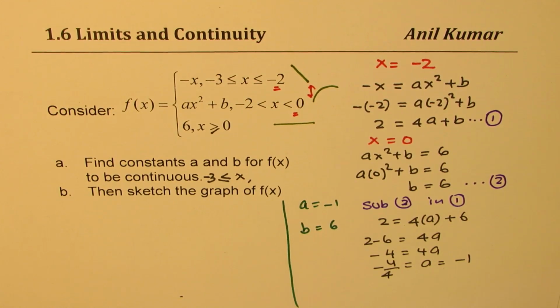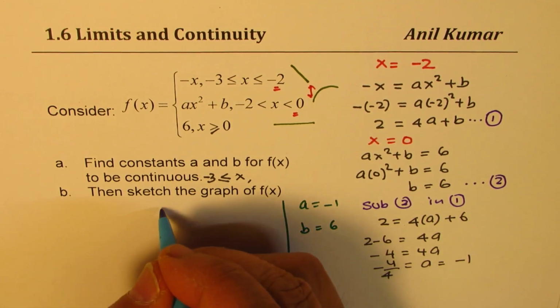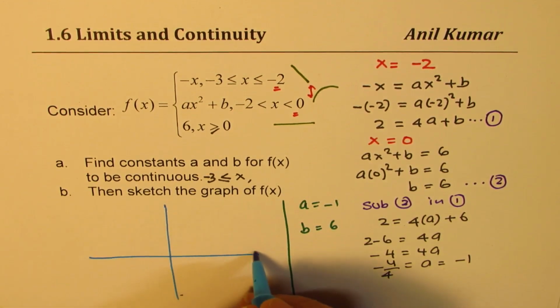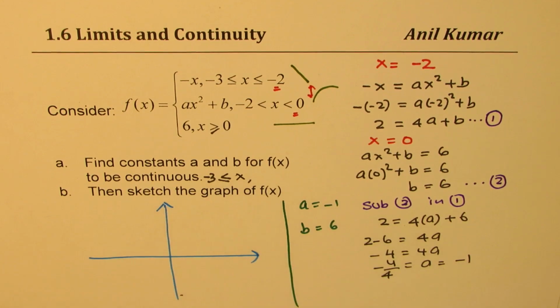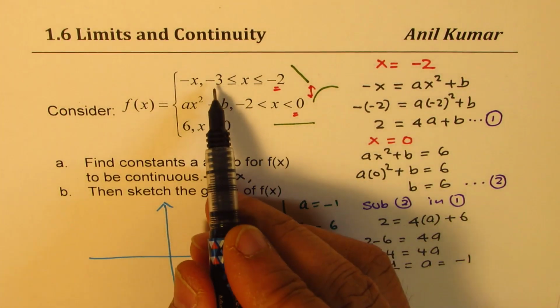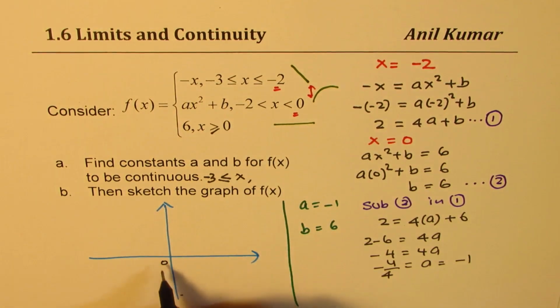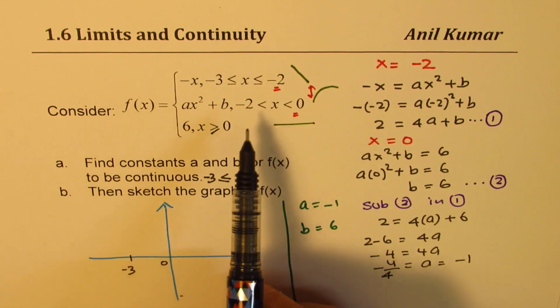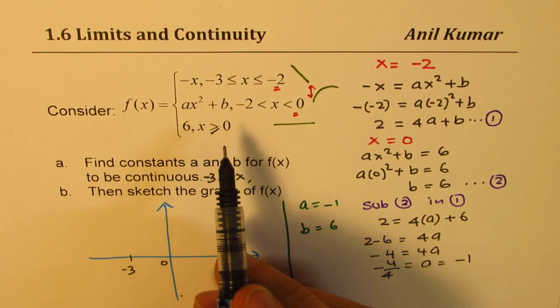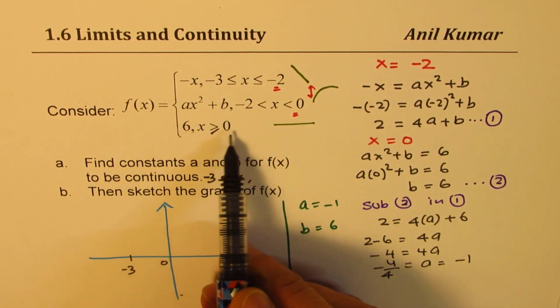Now let's look into part b, which is then sketch the graph of the function. So let's sketch the graph in this area. So it should start from minus 3. So we have 0 here. Let's say this is minus 3 for us, right? And then we have a point which is 6 onwards.